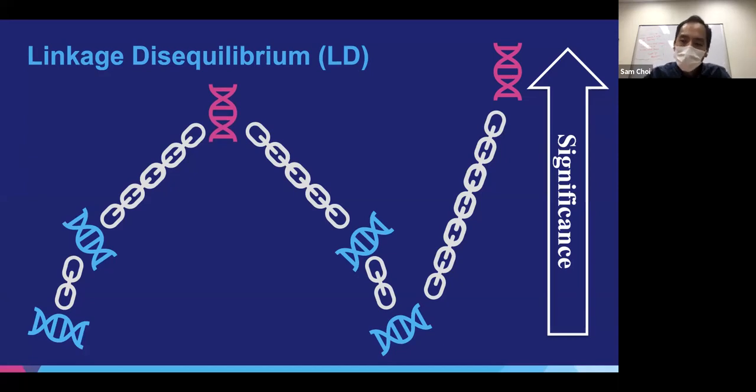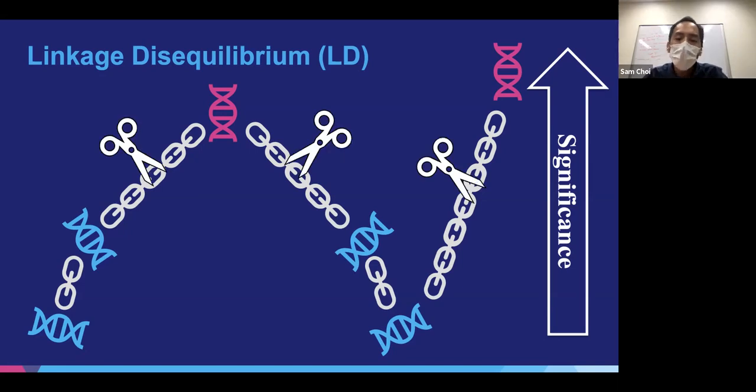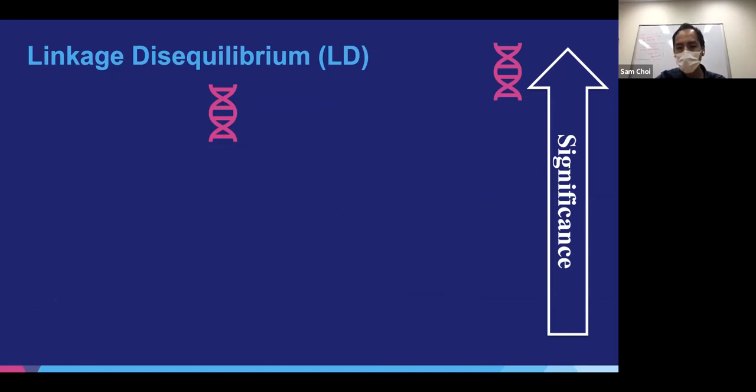What PRSice does is look at the variants, select the most significant SNP, and then remove any variants that are in LD with it and have a less significant p-value. So here only the pink variants will remain after clumping, and those will be used for polygenic score calculations.